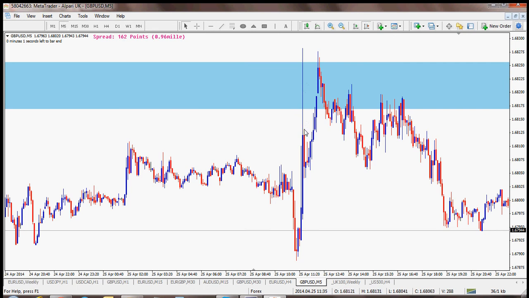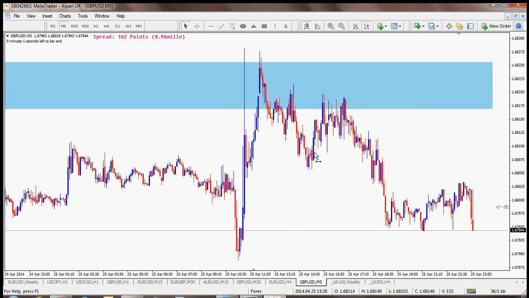I haven't checked actually, but it's maybe worth having a look to see if there's some news in there, because that looks a lot like news movement. So you see this, it comes back down. It was kind of worth taking a prospective entry when it comes back up, when you've seen it faking out in the supply zone, I guess.